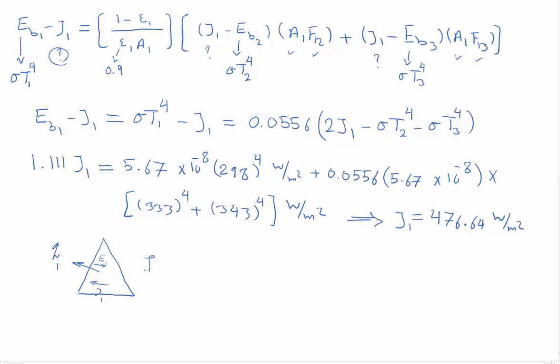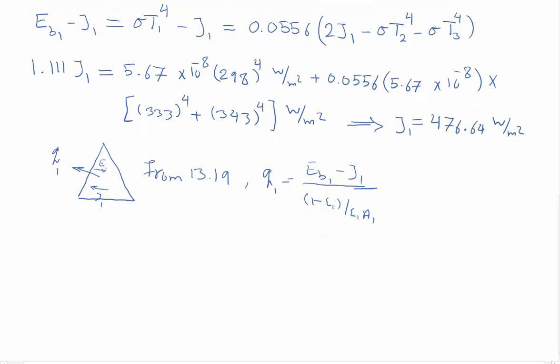So from equation 13.19, the net radiation from the cover plate, which is a gray surface, is found from this equation. Q1 is going to be (EB1 minus J1) over (1 minus epsilon 1) over epsilon 1 A1. We have all the information we need to solve and find Q1.